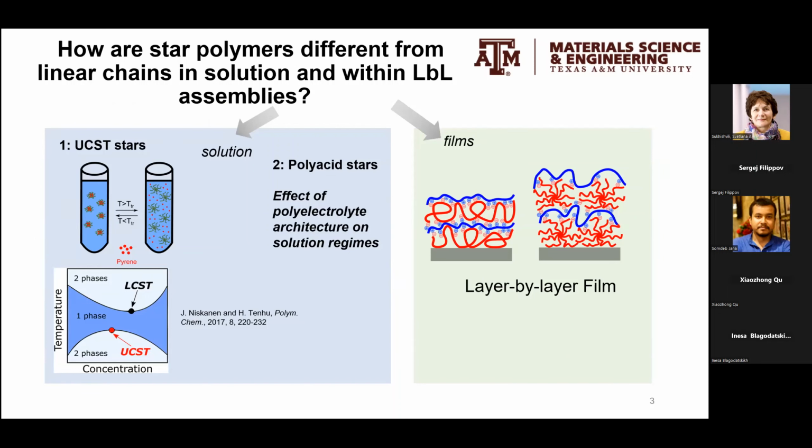One will address the behavior of star polymers in solution, which will also have two small subsections: UCST, temperature responsive stars, and polyacid pH responsive stars. And then we're going to put these stars in layer-by-layer films, and we'll look at how this architecture alters the dynamic structure of the LbL films in response to salt.